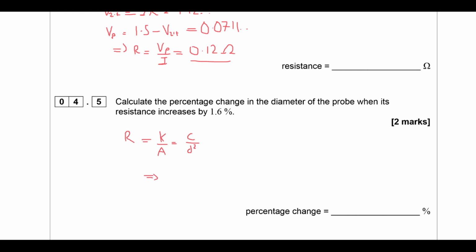So let's get that down. What's going to happen is they're going to decrease diameter by 0.8% because it's squared. So 0.8 times 2, you can see, gives you 1.6% change. So it's very much like the stuff with combining percentage uncertainties. The same works here. Okay.